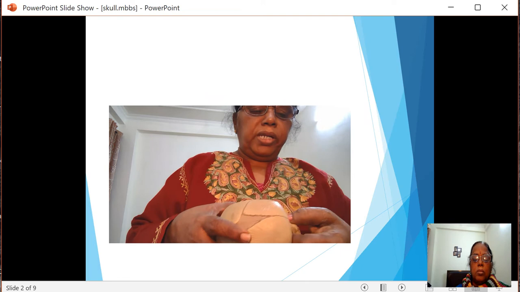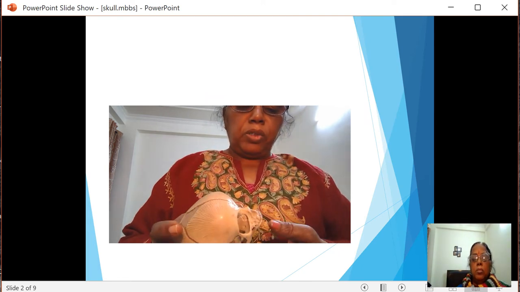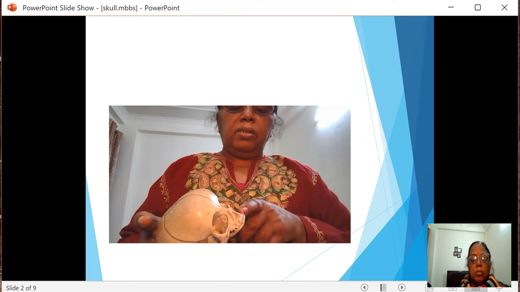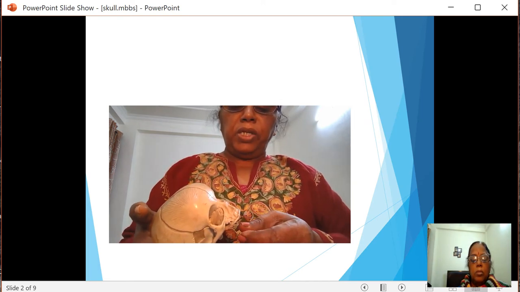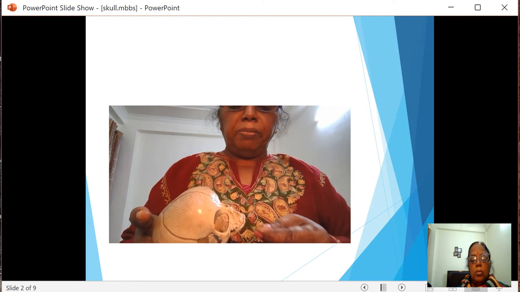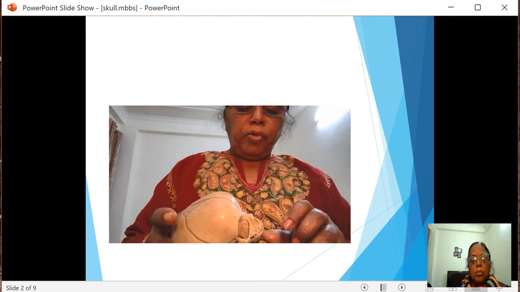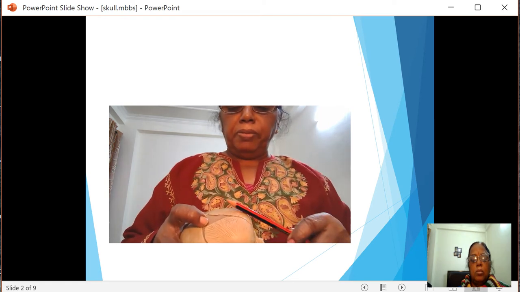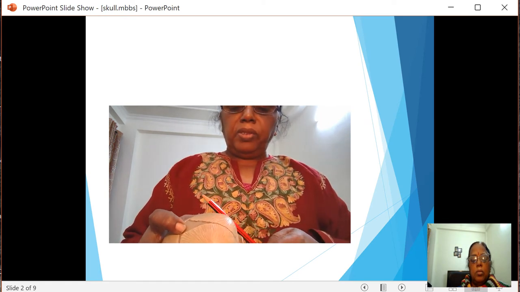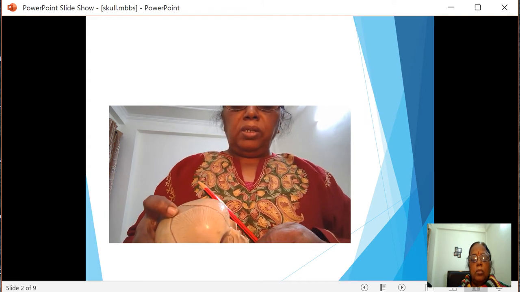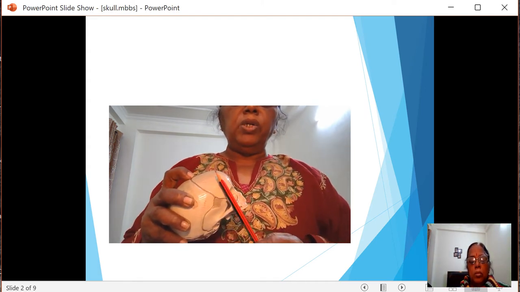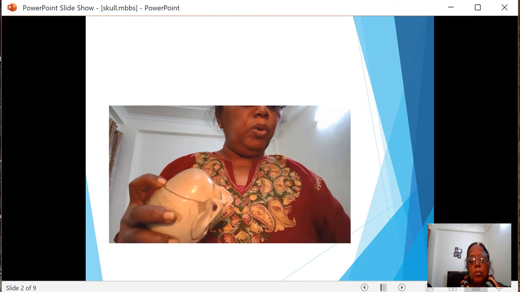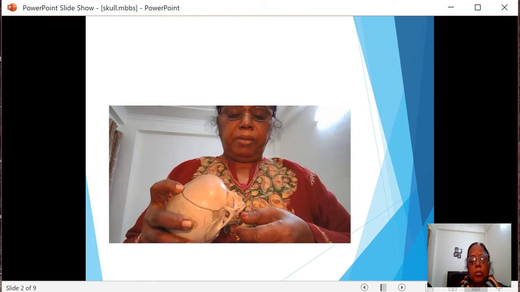Then we go to the other diameters, that is the suboccipitobregmatic. If this is the upper jaw, as you can see, then comes the chin here. So some space here below the chin. So from below the chin to the center of the bregma, somewhat it may be like this. So the space from the center of the bregma to below the nape of the neck, below the chin.